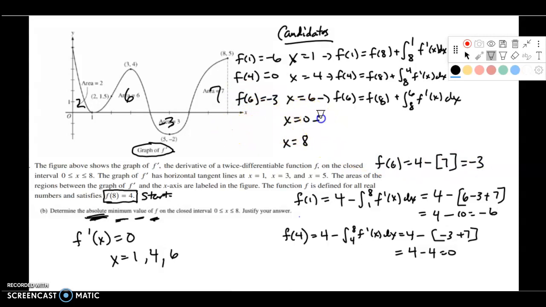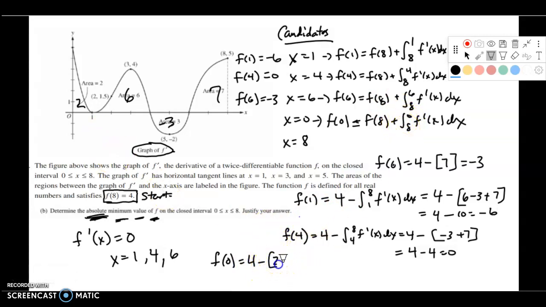f of 0 will be f of 8 plus the integral from 8 back to 0 of f prime x dx. So f of 0, I'm going to come down here. It's going to be 4 minus, again, from 8 to 0, the bounds are backwards. We'd have to switch them around.